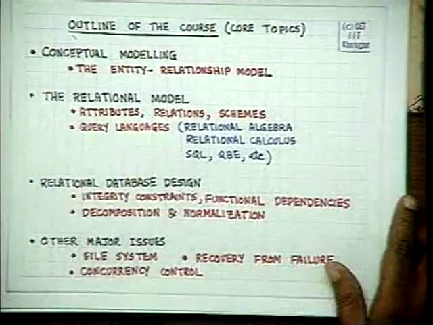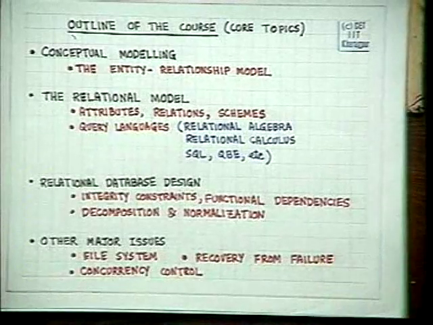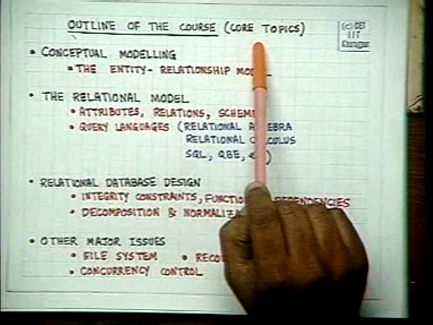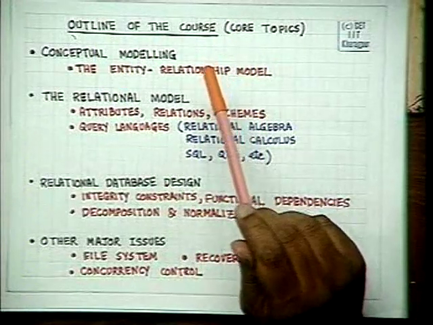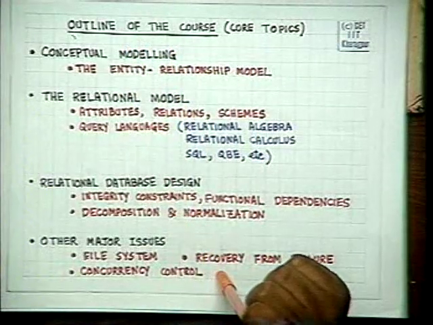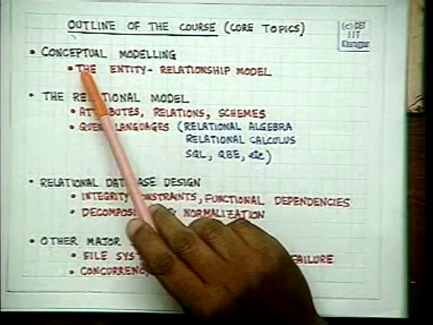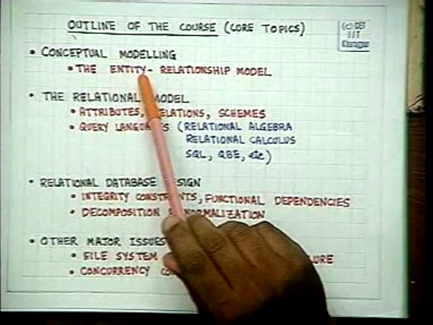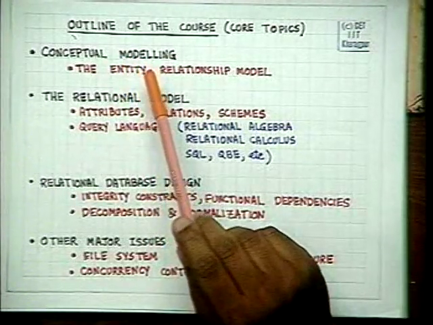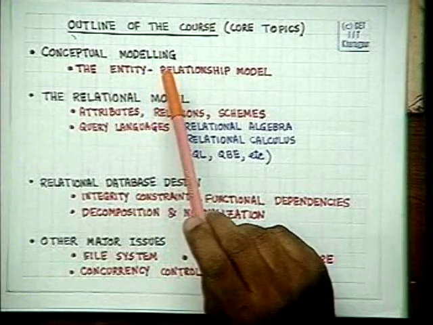And we would just quickly like to see what the whole course is about. The core of the course, which we shall discuss from next day, consists of these core topics. The core topic we will discuss first is conceptual modeling, which is how you conceive the structure of a particular database.